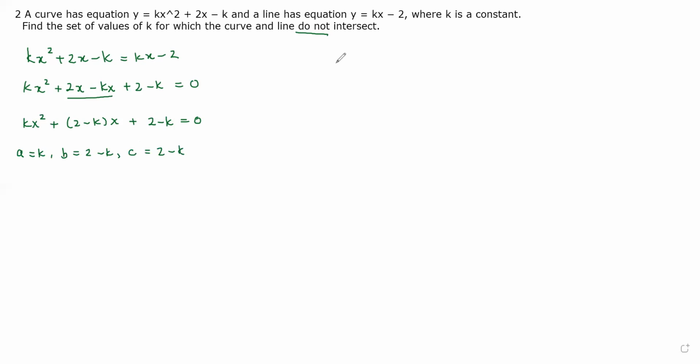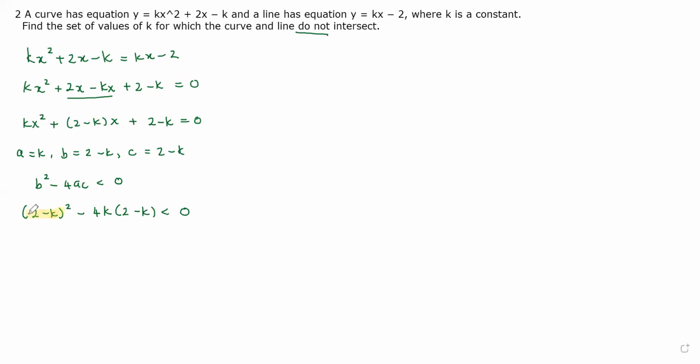The line and curve do not intersect when the discriminant is negative. b squared minus 4ac must be negative. b squared is the square of 2 minus k, minus 4, a is k, and c is 2 minus k. This must be negative. Look at the common terms here.